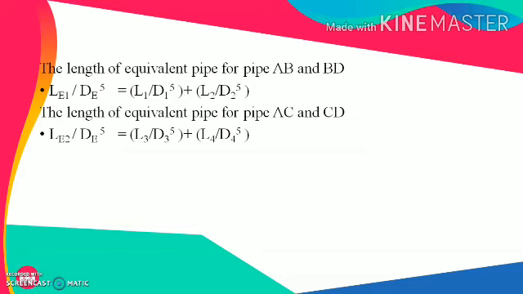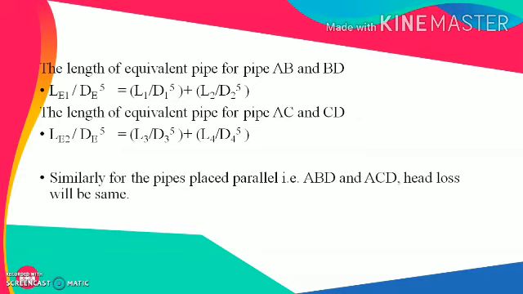These things we have learned in our previous session, how to replace the pipes placed in series by one small equivalent pipe. So now we have replaced the part A to D via B and the part A to D via C by two small equivalent pipes. So now these two pipes will be the pipes placed in parallel.